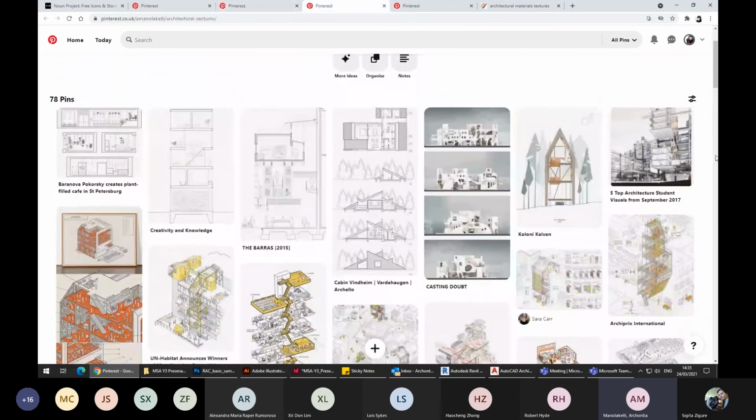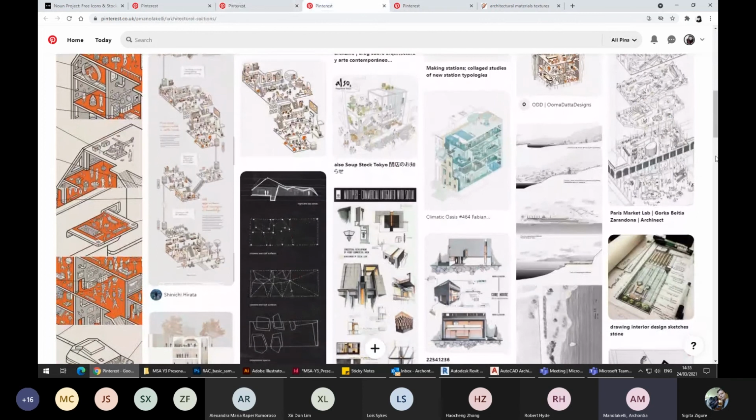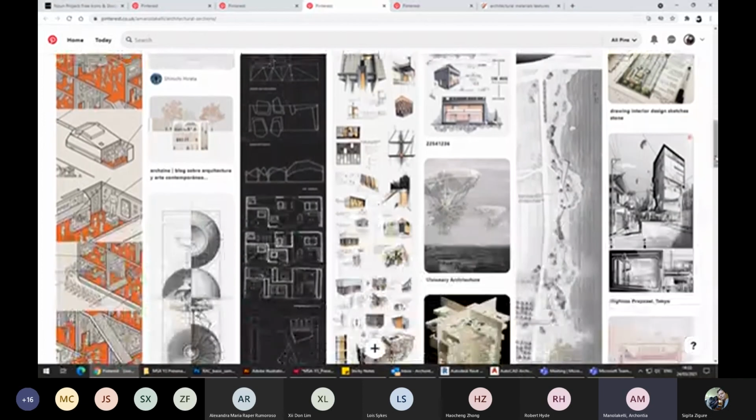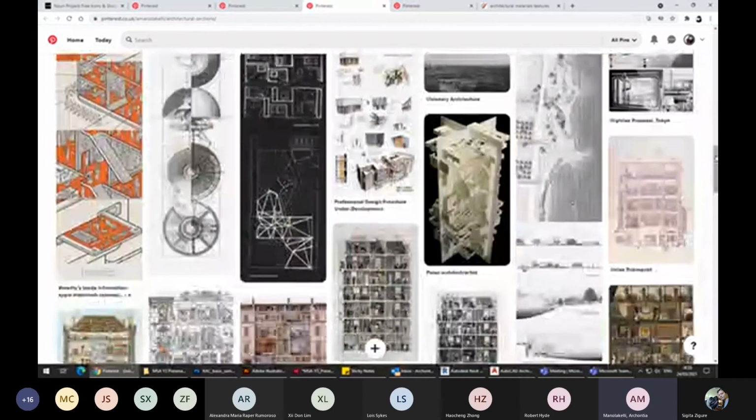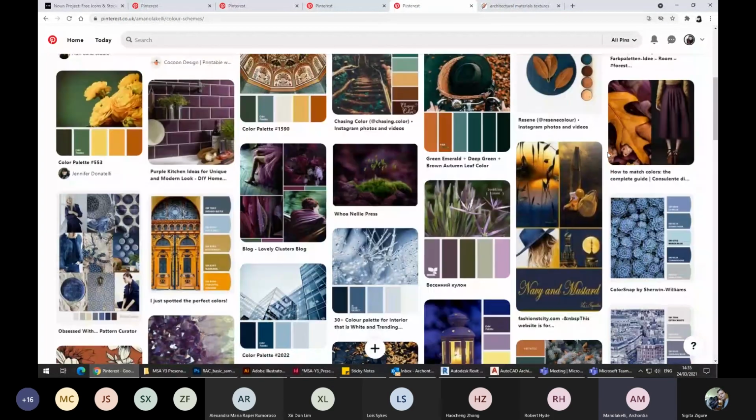I really like sections. So I have a whole board on here with different kinds of diagrammatic, detailed 3D sections, different diagrams that people have done, just as inspiration. And I also have a massive board with different color schemes. So depending on the different presentation that I want to do, I can really quickly look into different things and decide what I want to pick out.